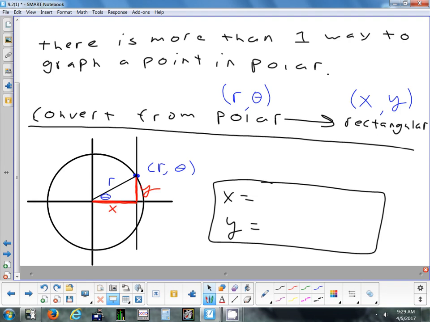So we just need to know which one of those three. So y is opposite of the theta, right? So we'll do y in a sec. Let's start with x. So x is adjacent of theta. X is adjacent, and r is the hypotenuse. So what trig function has adjacent and hypotenuse in it? Cosine.